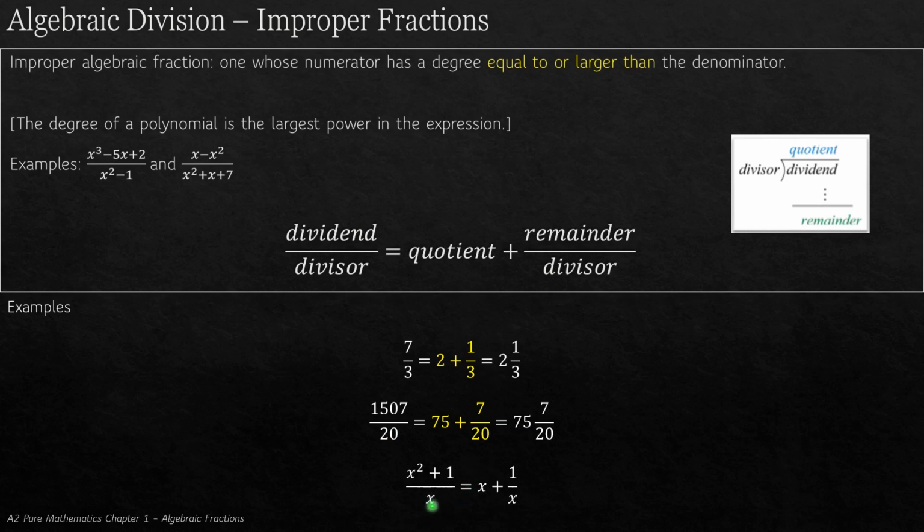If we're working with algebra, this x divides into both terms, so we've seen expressions like this at AS. We kind of looked at them particularly with differentiation, integration, and simplifying them down. So because we've just got a single term on the denominator, it can just divide into each of those. So I get x plus 1 over x.